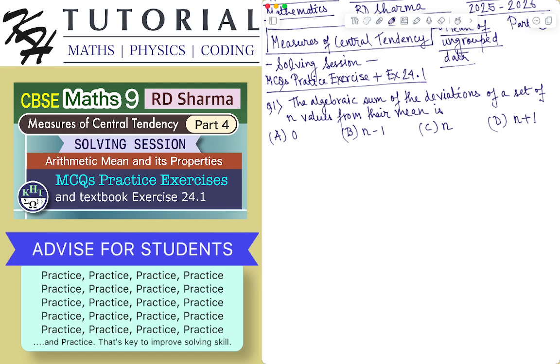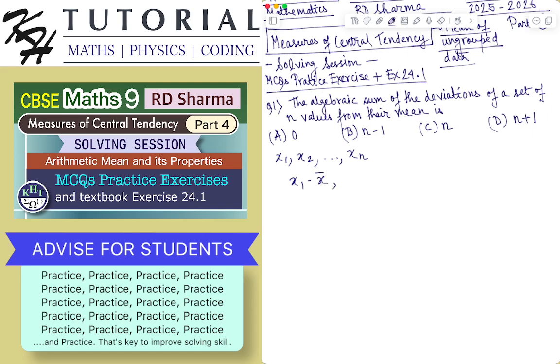Let's say the observations are x1, x2, up to xn, there are n observations. Now what is meant by algebraic sum of the deviations? The deviations of all the observations. Deviation of x1 from the mean is x1 minus x bar.